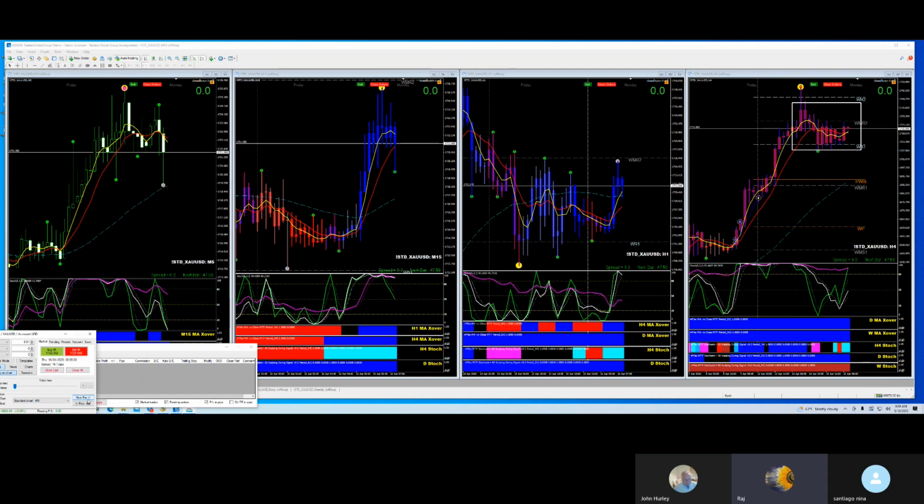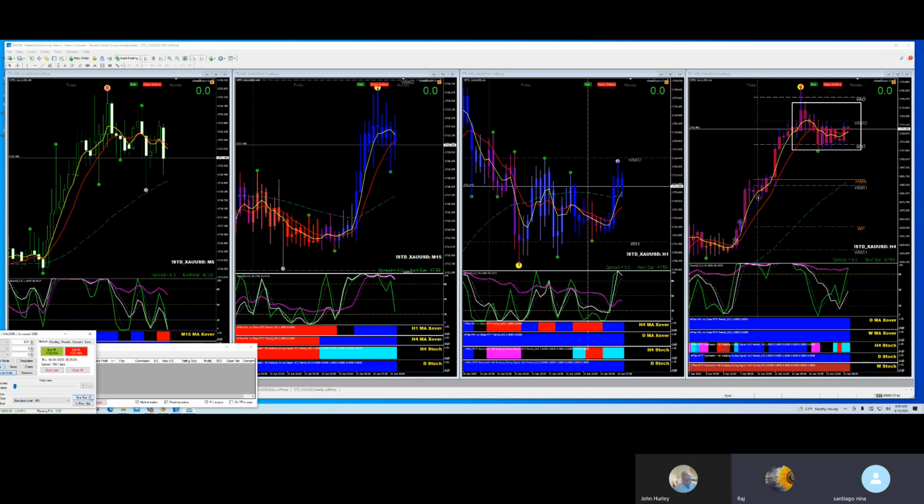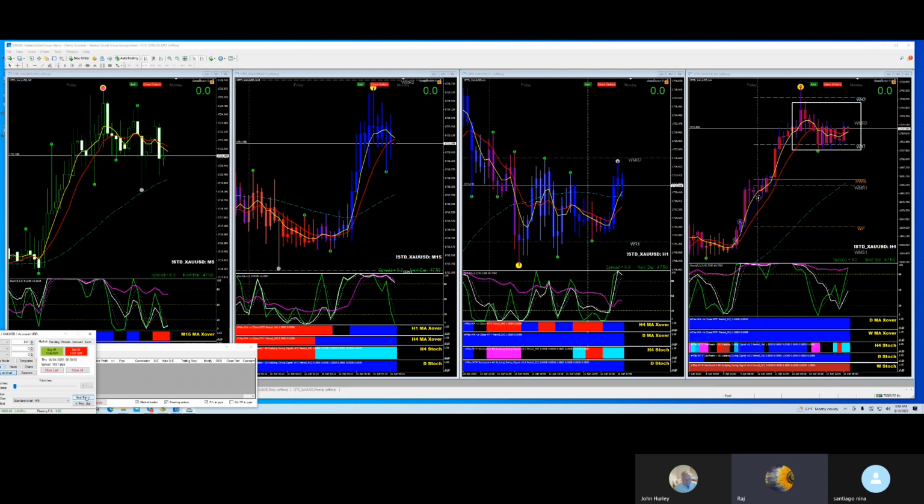This is where patience is required. All right, you have a new 4-hour bar, and everything is still trying to cycle up. So we may just get a ball and then turn around. It's possible. It's going to complete the one ball retracement.